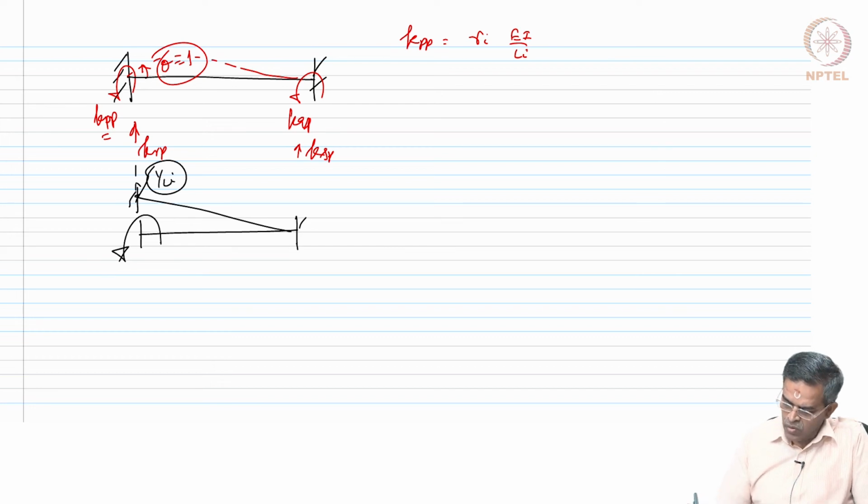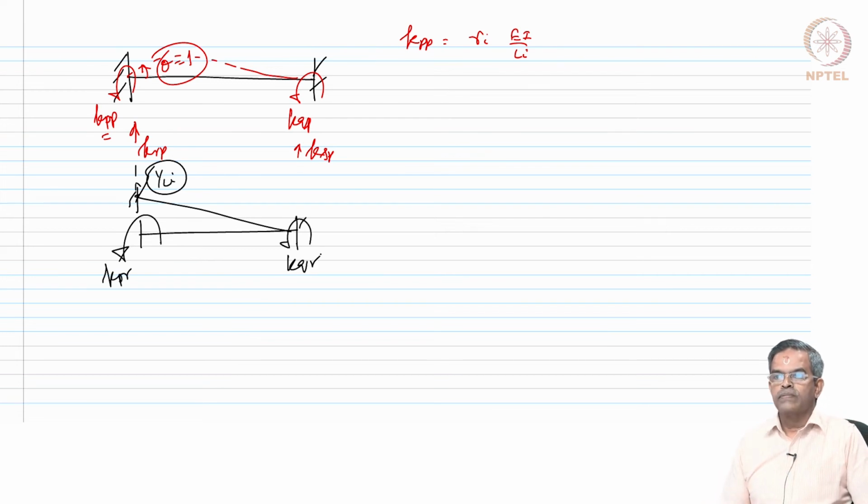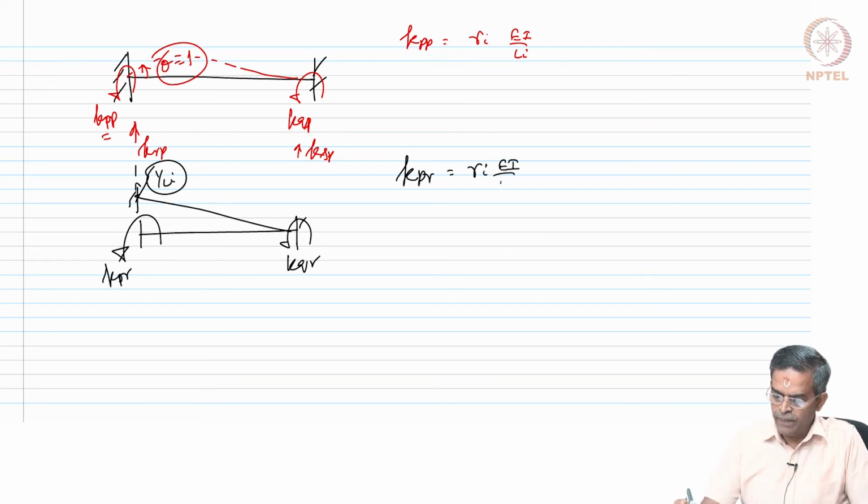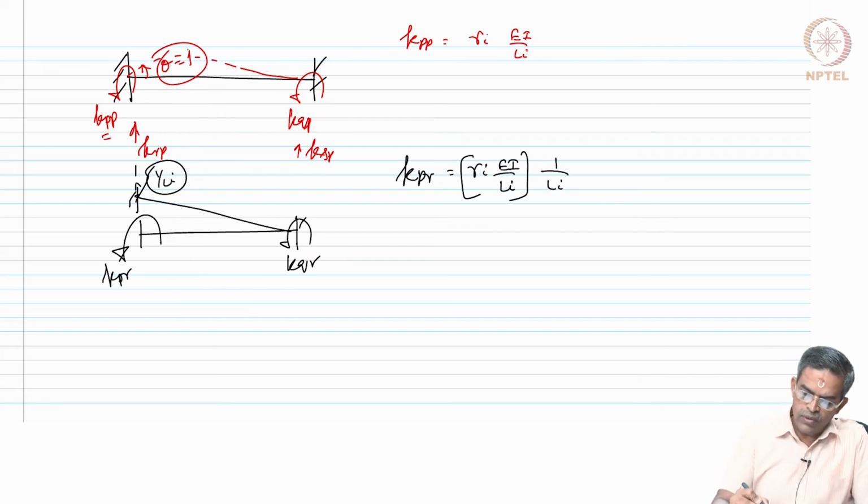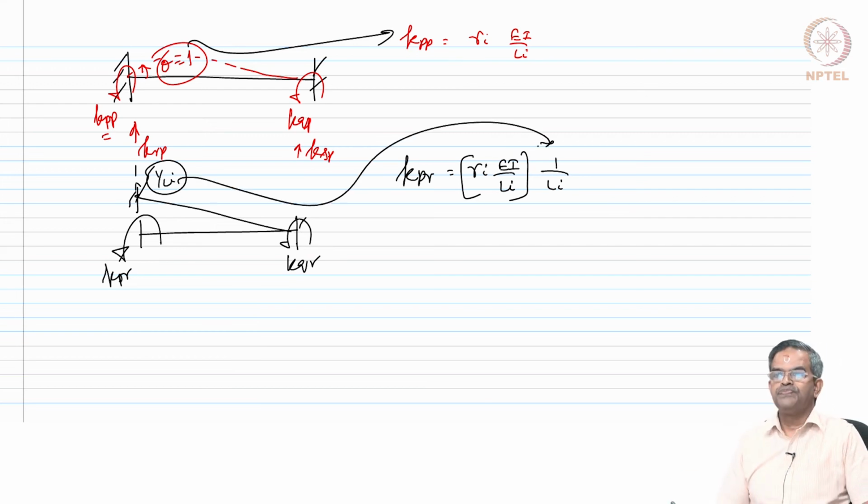Let us say I know this is going to be KPR and this is going to be KQR. This is only at the jth end I am talking about. So, can I write KPR as Ri times of Ei by Li of 1 by Li, because this is for unity this value, for 1 by Li this value, is it not?